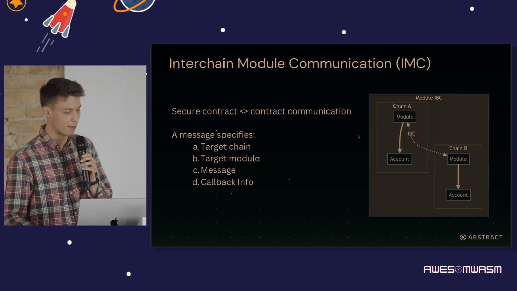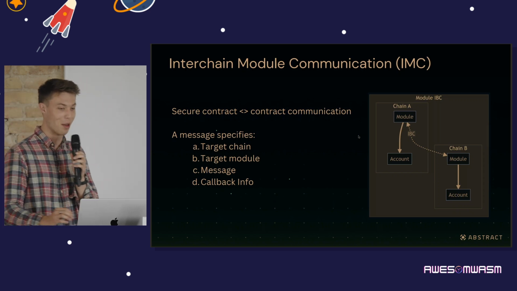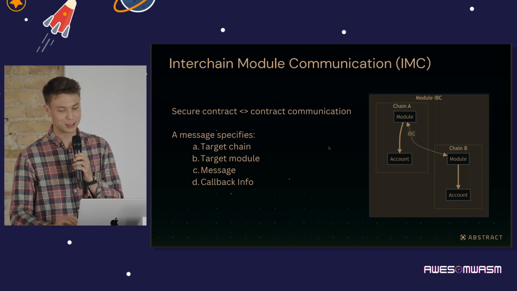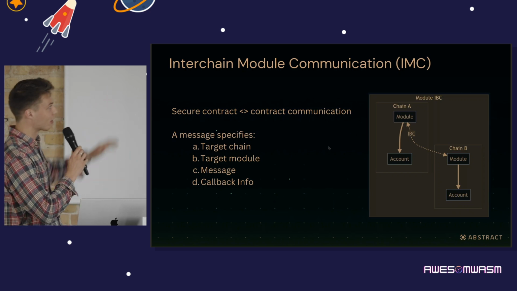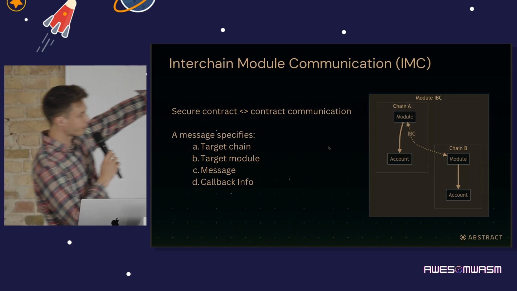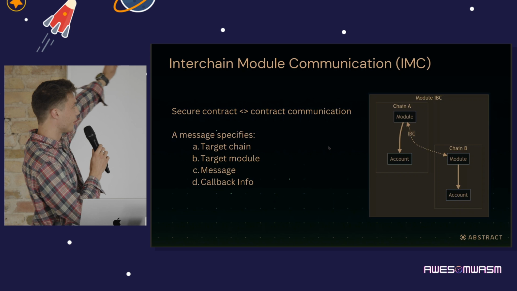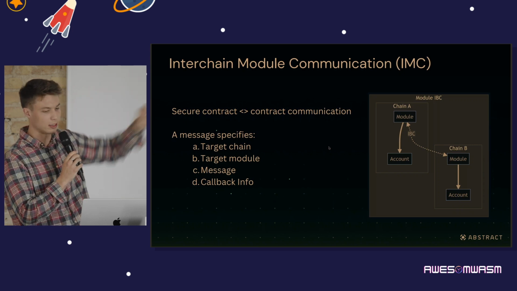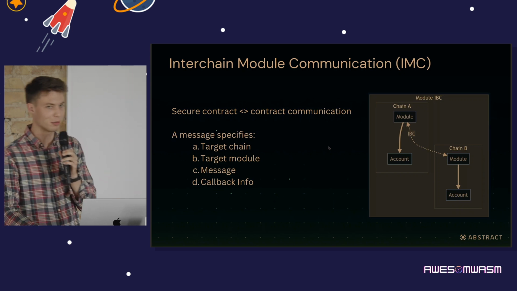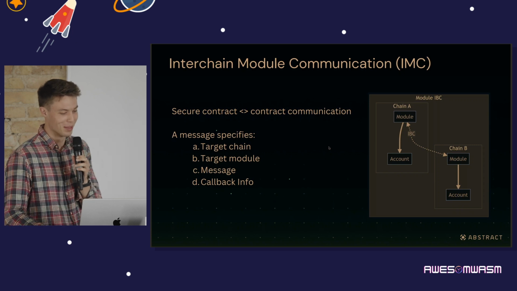That is why we created interchain module communication, which is essentially a communication layer between modules that are installed on accounts. The reason why you would do this is going to become clear when I show you the code.